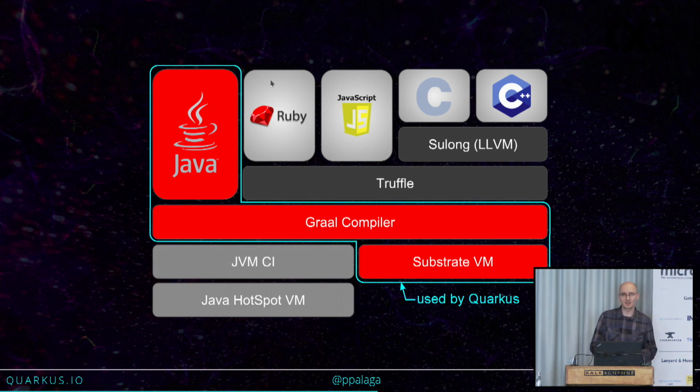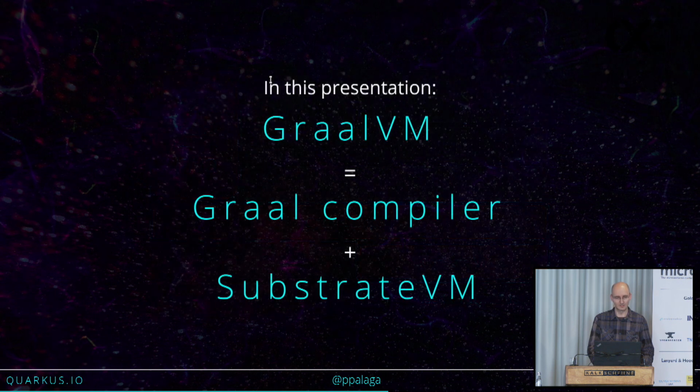Quarkus is using just the Graal compiler and the Substrate VM out of this long list. Okay? So for the rest of this presentation, GraalVM is going to mean just the Graal compiler and the Substrate VM.